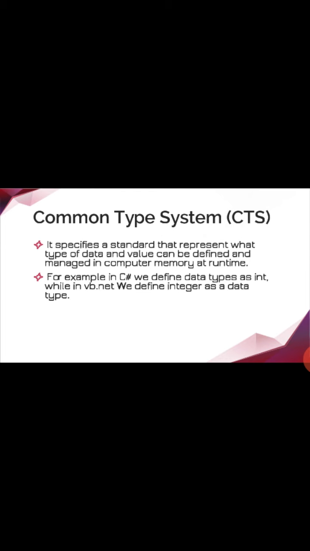Value type can contain predefined and user defined. Reference type can contain pointers and self-describing. Predefined data types include byte, short, integer, decimal, double, string, etc. User-defined types can contain structures.